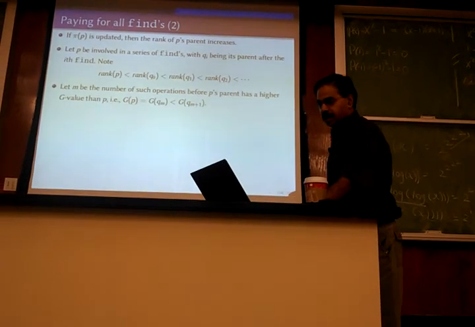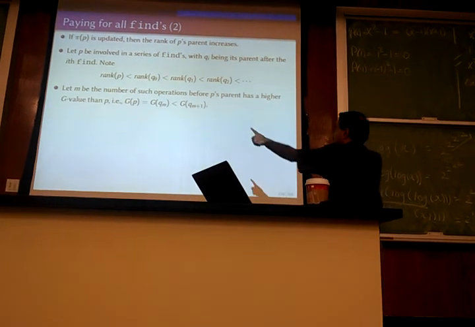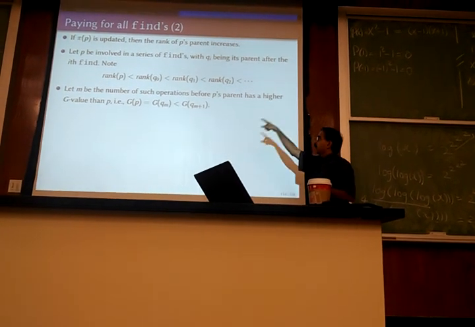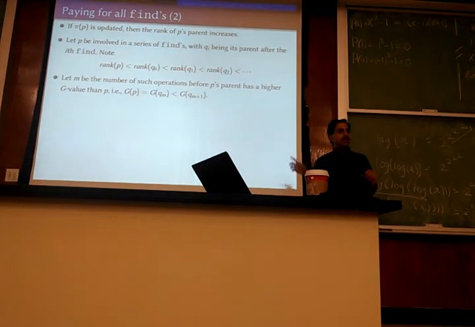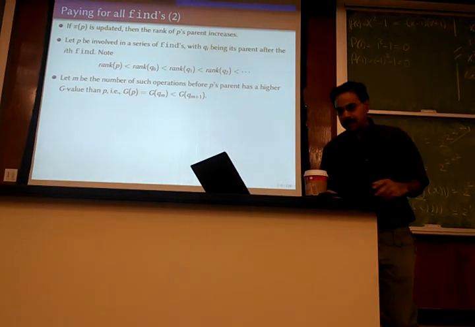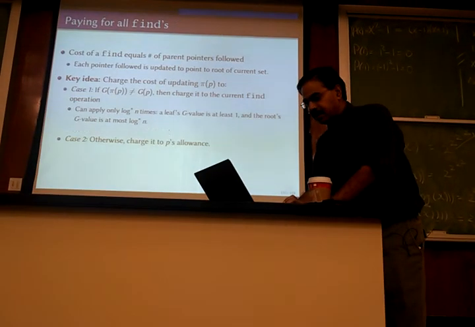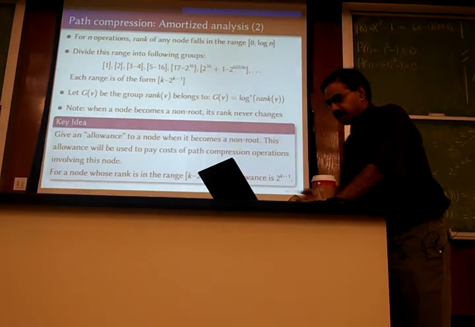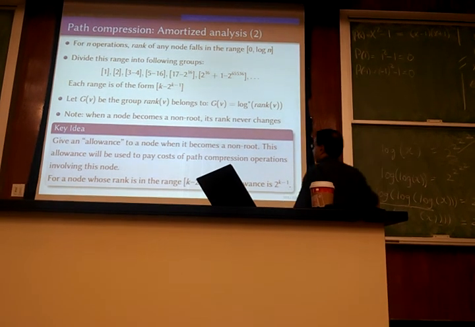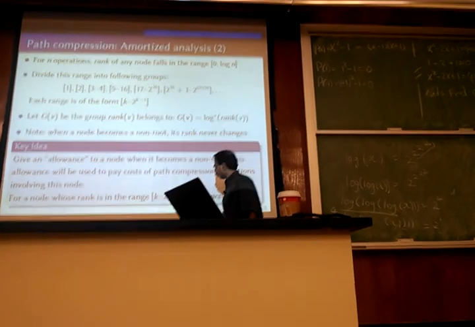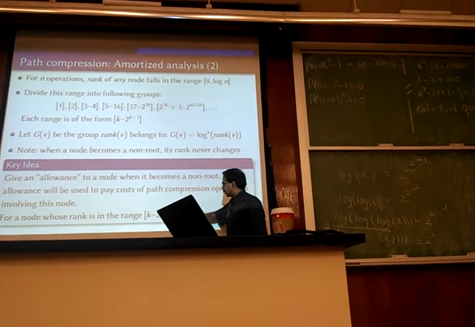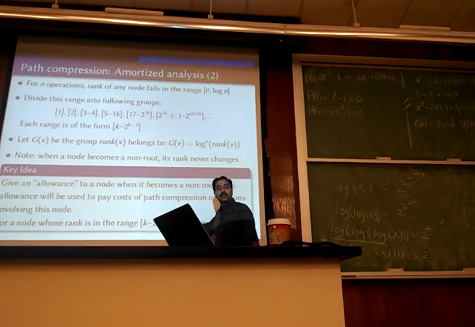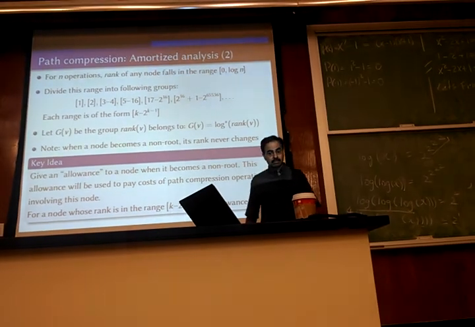So we are going to do this simple calculation that this series is going to be bounded. And how is it going to be bounded? Because we again have these ranks divided up into ranges. So we are going to say that this series can go from k to 2 to the power k minus 1. Okay?